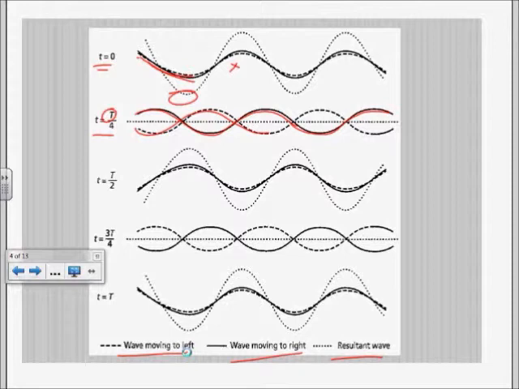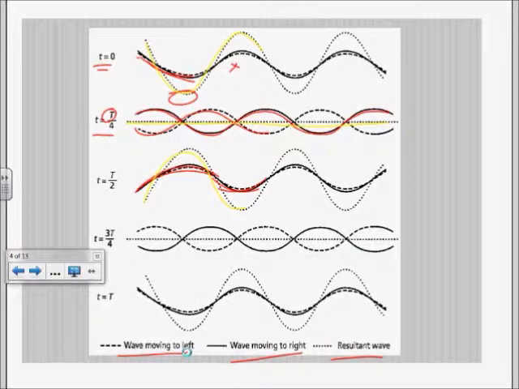And so what do we get as a resultant? We get the thing being instantaneously all flat. And then another quarter of a cycle later, the two waves have moved up to the top and down to the bottom. And so what do we get now? We get maximum displacement this way, whereas up here it was maximum displacement the other way.